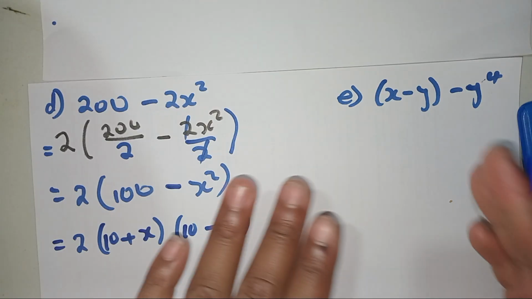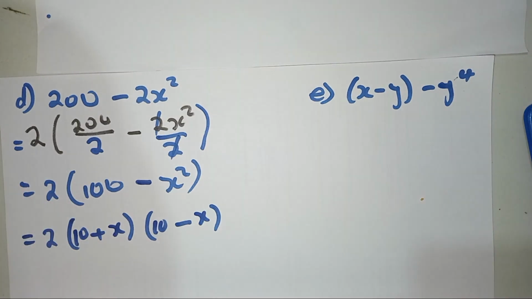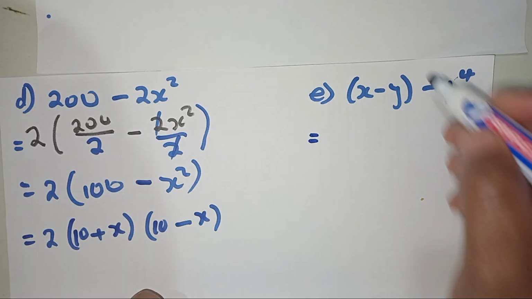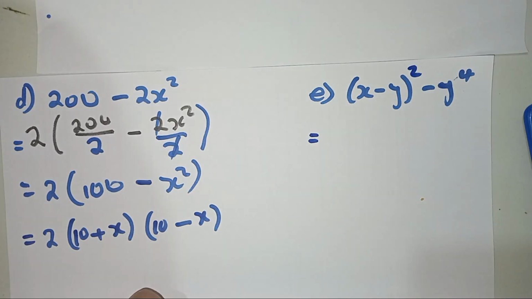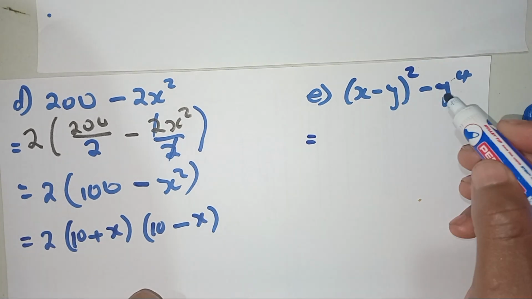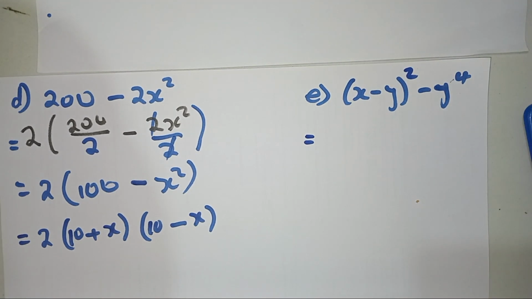Now, let's look at this one. How do we factorize this one? We factorize this one by saying, okay, it's exponent 2 here. Sorry for that. So we have x minus y exponent 2. So how many terms do we have here? We have two terms.